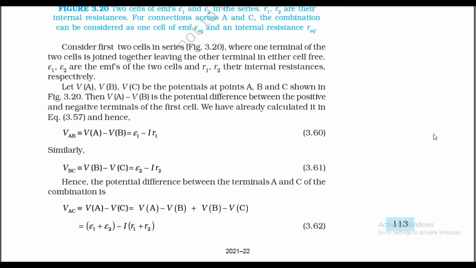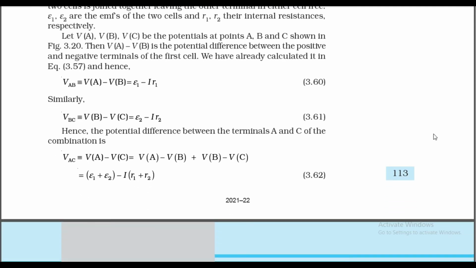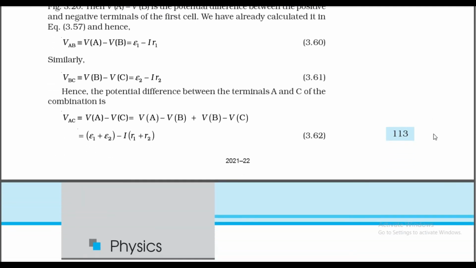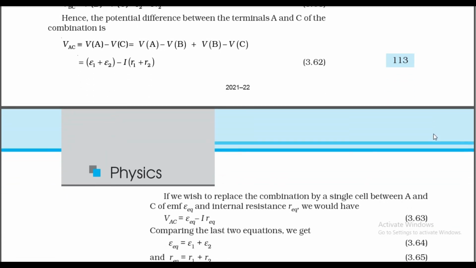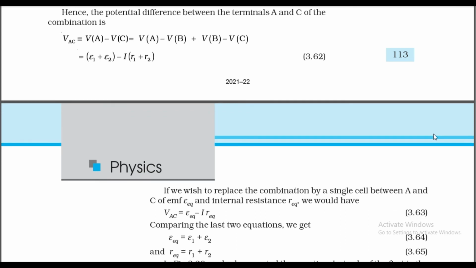Hence, the potential difference between the terminals A and C of the combination is VAC is equal to VA minus VC is equal to VA minus VB plus VB minus VC is equal to epsilon 1 plus epsilon 2 minus I times r1 plus r2.